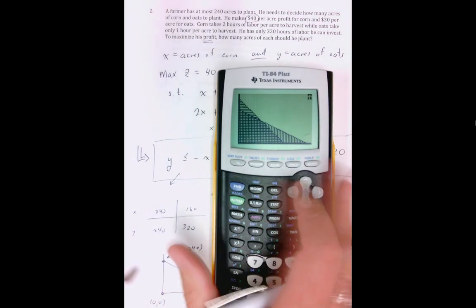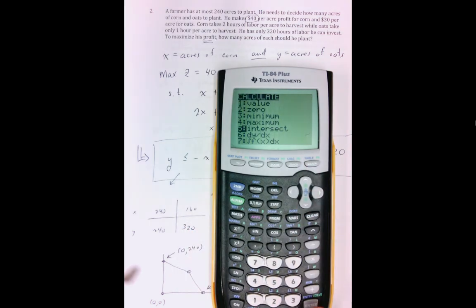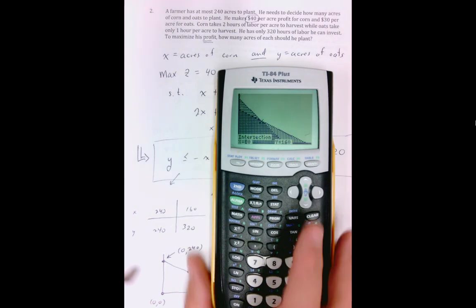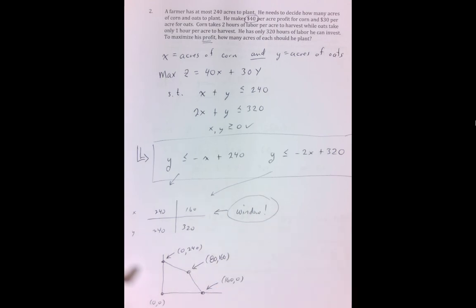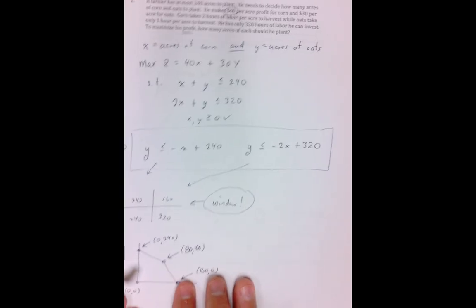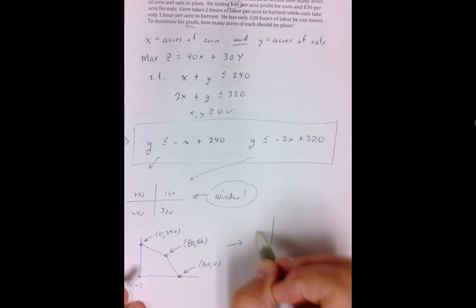All right, so second function calc, go to intersect. Second curve, don't need a guess because I've only got two curves. So I get 80 and 160.